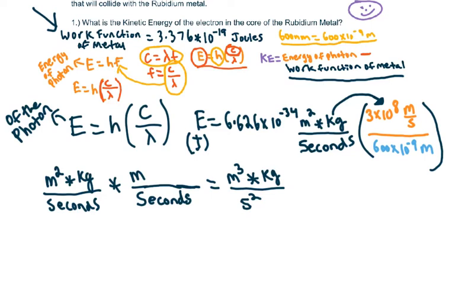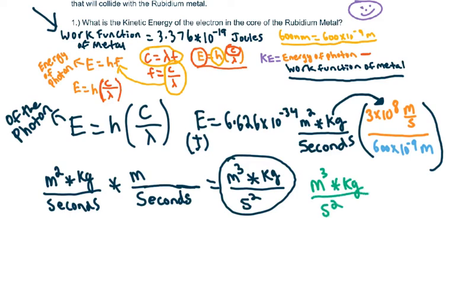Now all we have left is to divide this whole thing by meters. What's that going to give us? Let's see, and let's do green. Meters cubed times kilograms over seconds squared, and then we divide by meters. Technically we can write divided by meters over 1.